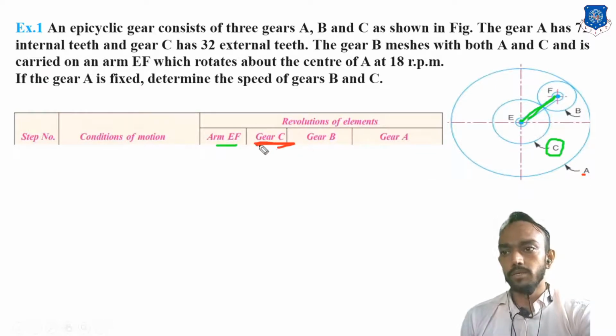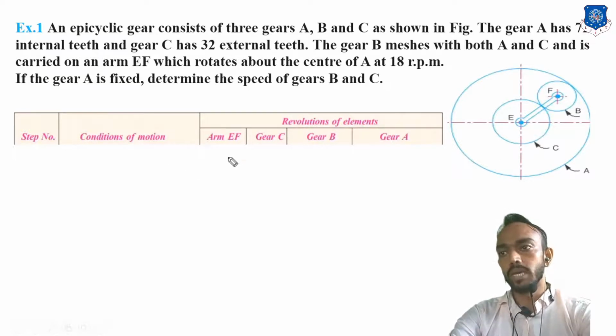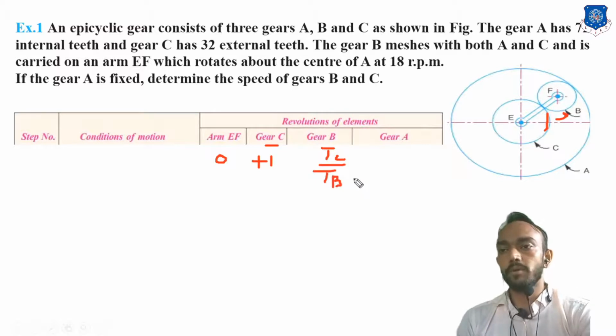So I am assuming C is the main driver, C is connected to B, B is connected to A. And after that, you will put EF as 0, C as +1 revolution, and if C is +1 revolution, C is rotating B, so for B the driver is C and driven is B. Always this type of relation will be there. And A is also a driven by C. You can put directly here C is driver and driven is A.